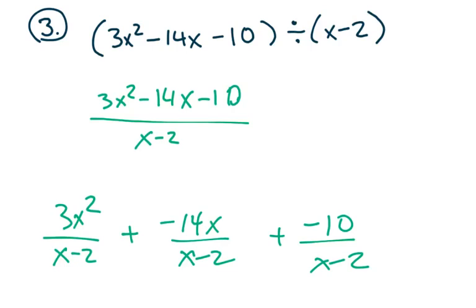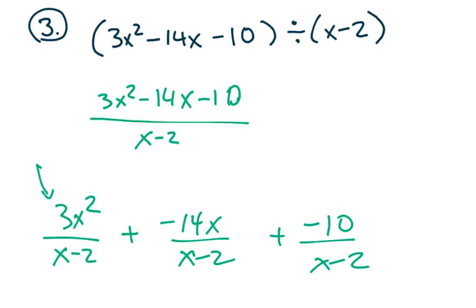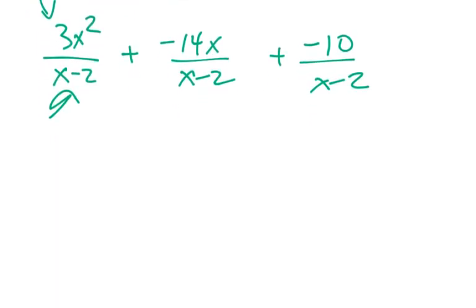There's nothing I can do like we can on the previous one. The reason why is that on the top we have a monomial, and on the bottom we have a binomial. So there's not really much we can do in that sense. So all we're left to do is what's called long division.